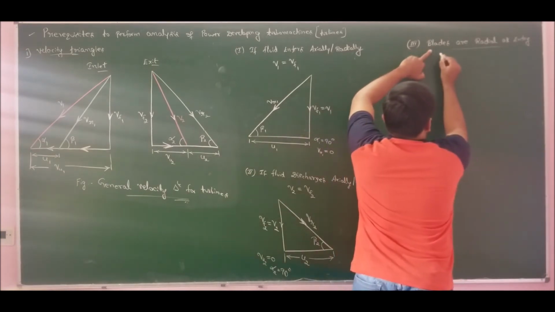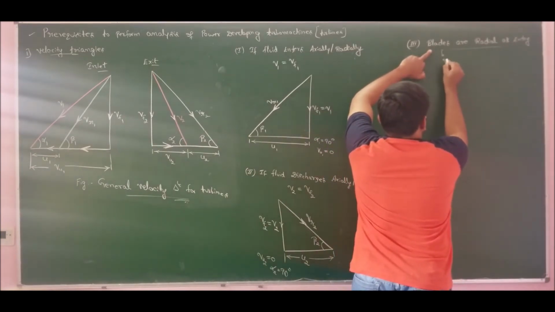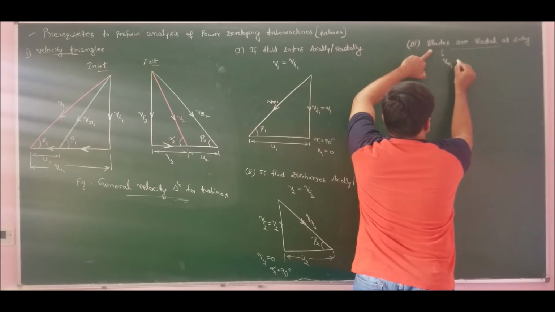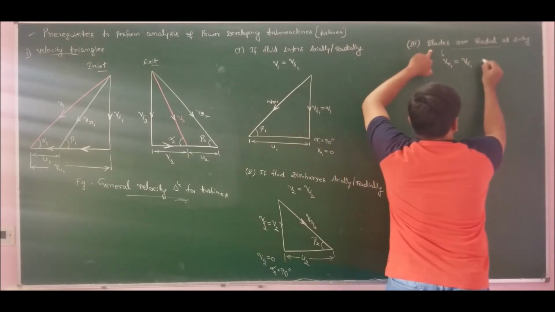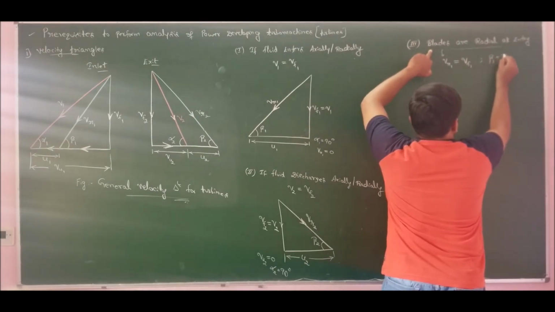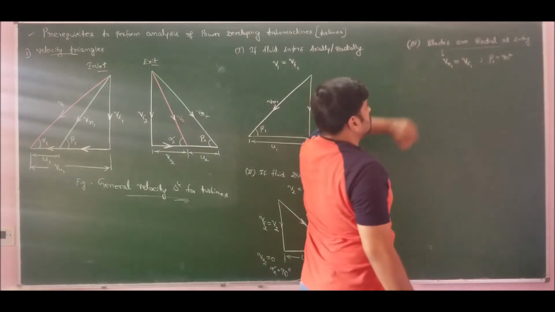When blades are radial at entry, the relative velocity Vr1 must be equal to the radial component, that is Vf1, which in turn says that beta 1 is equal to 90 degrees.